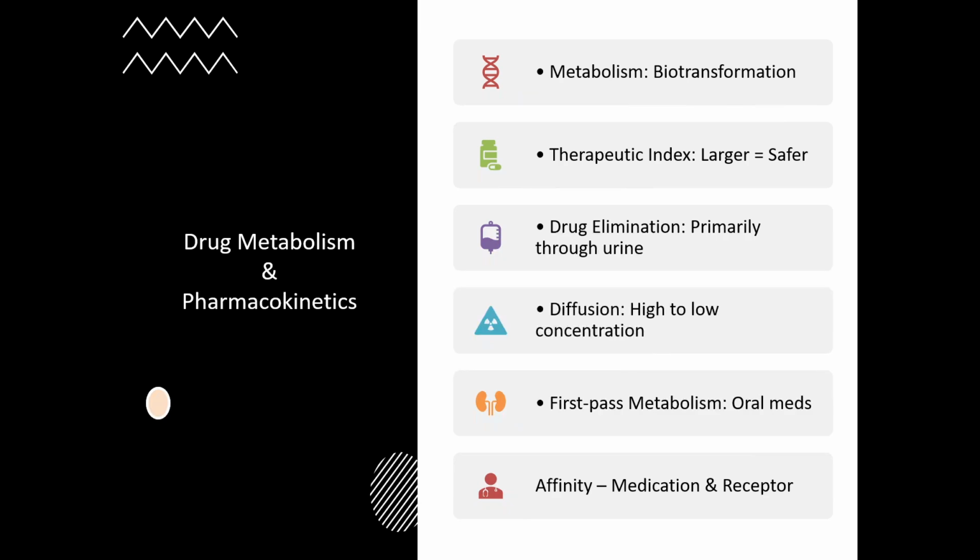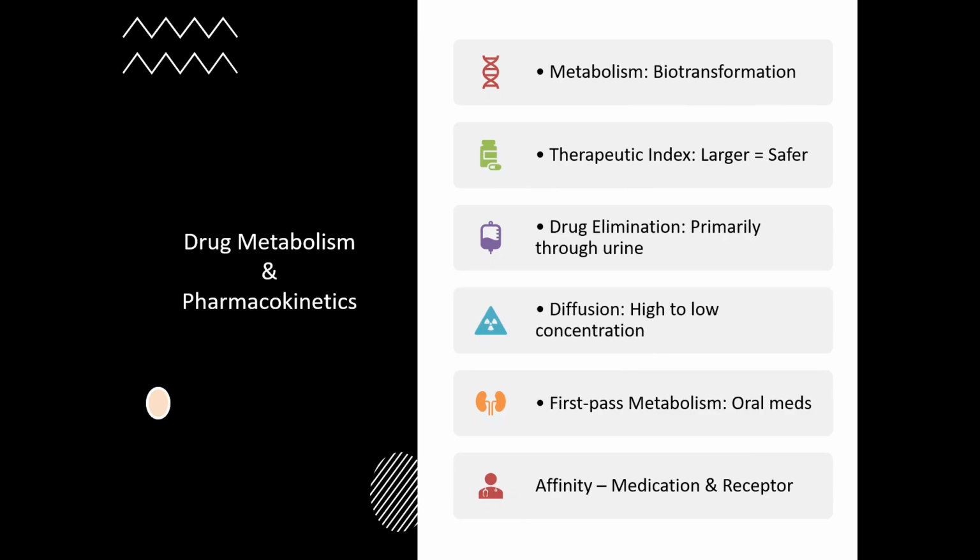It's important to understand when we talk about therapeutic index, larger equals safer. And that is important because when we're talking about a therapeutic index, it's the ratio of the medication that's lethal in 50% of the population, and then they look at the dose that is effective in 50% of the population.